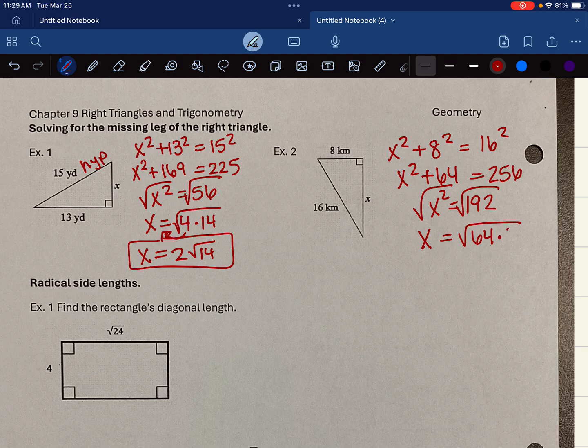Remember, you can use your square and square root chart on that page or two before to help you when you need to simplify at the end.